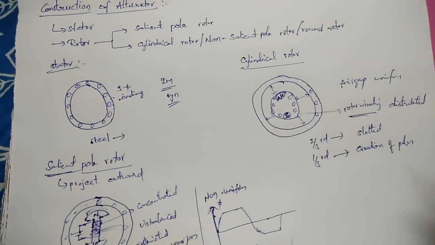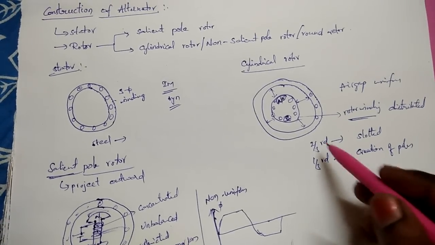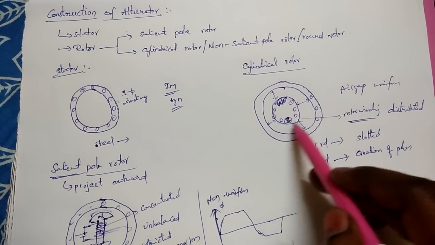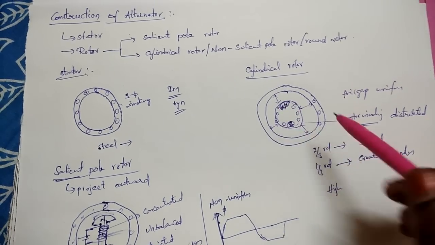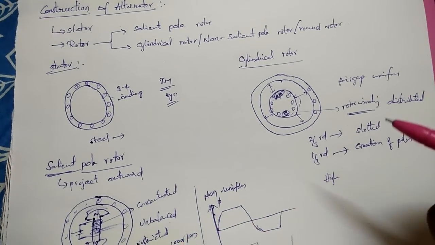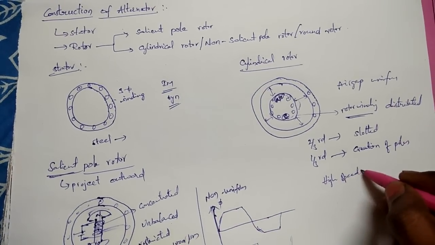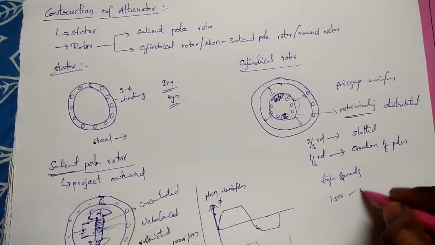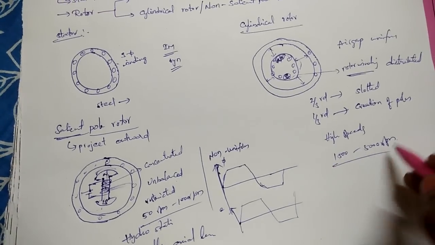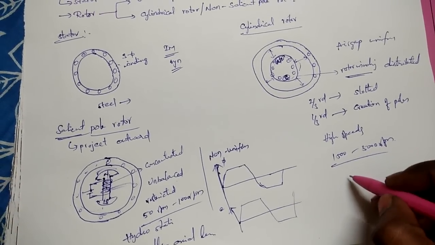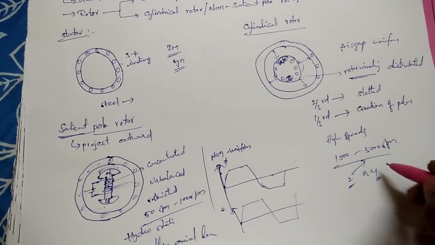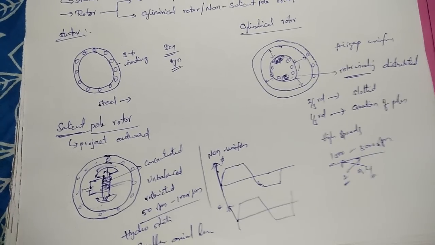And here we can go for high speeds, because it is a cylindrical rotor and the winding is uniformly distributed. This rotor is mechanically better balanced than the salient pole rotor. Generally the speeds are between 1500 and 3000 rpm. For this we use 2 or 4 poles. With 2 poles you get 3000 rpm, and with 4 poles you get 1500 rpm at 50 Hz.